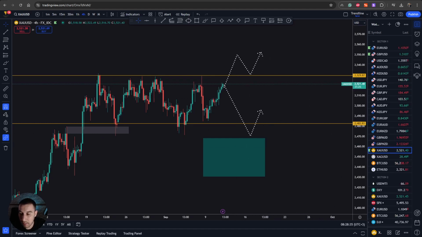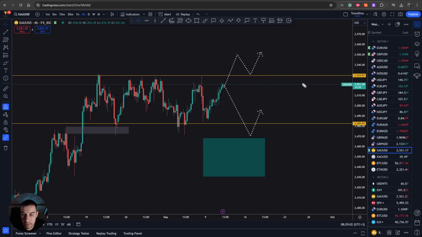So basically, what I think we may see is that during the news, price could push right up here above all that structure we have on the left, and it's very important to see how the hourly candle will close. If we manage to close above all that structure to the left, that means I'm going to be waiting for price to come back for a retest, where I'm going to be looking for a buying opportunity.